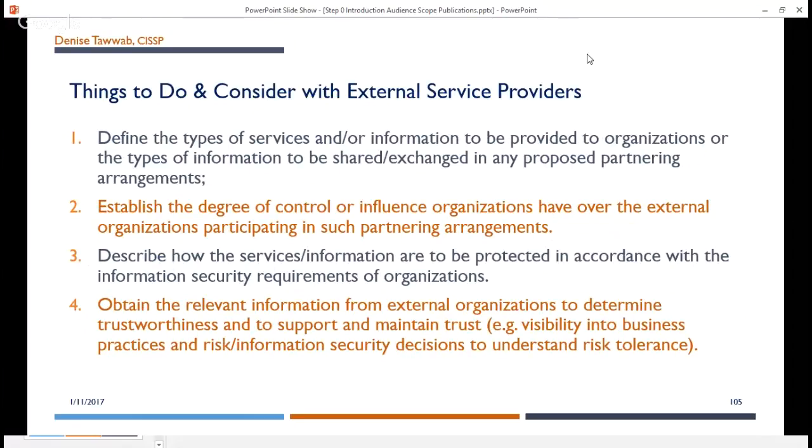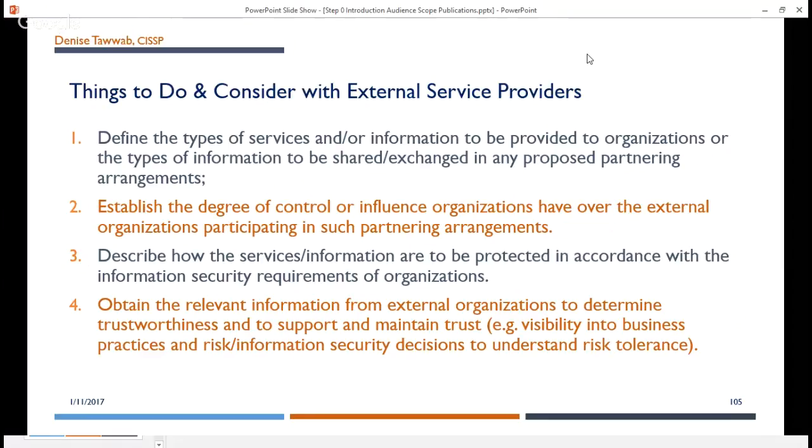One, define the types of services and or information to be provided to organizations, or the types of information to be shared or exchanged in any proposed partnering arrangements. Two, establish the degree of control or influence that organizations have over the external organizations participating in partnering arrangements. How much control will you have on that third party supplier or that business partner?